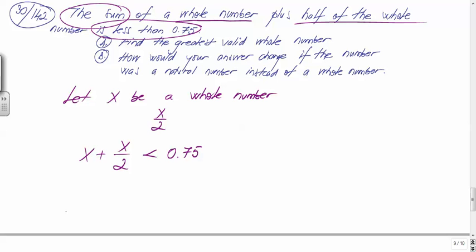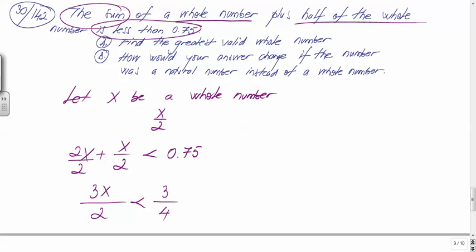Well, x plus x over 2 gives you what? To add them up, you need to change this x into a fraction, which will be 2x over 2. I have 2x plus x over 2, which will give me 3x over 2, less than, and if you want, you can even write 0.75 as well.